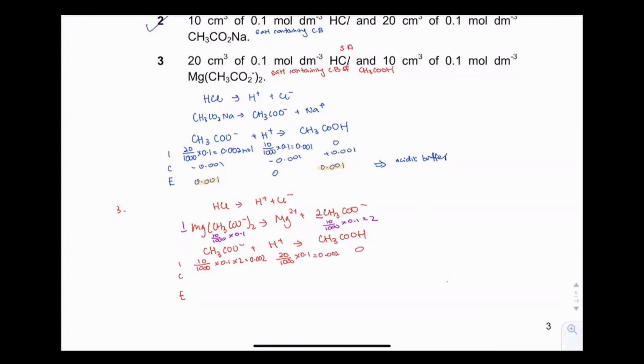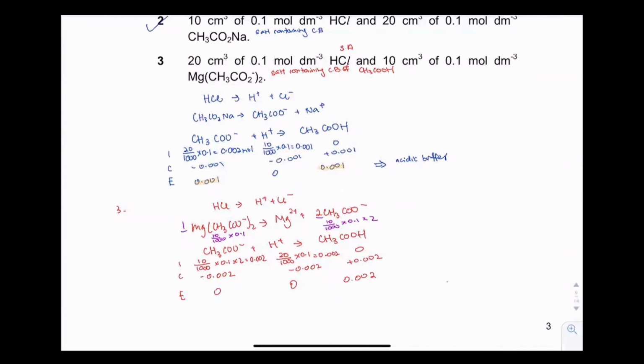For my ethanoic acid, at the beginning, I have none. So you realize that they have the same amount, so they will exactly react with each other, and give 0.002 mole of ethanoic acid. At equilibrium, you have 0 ethanoate ion, 0 H plus, and 0.002 moles of ethanoic acid.